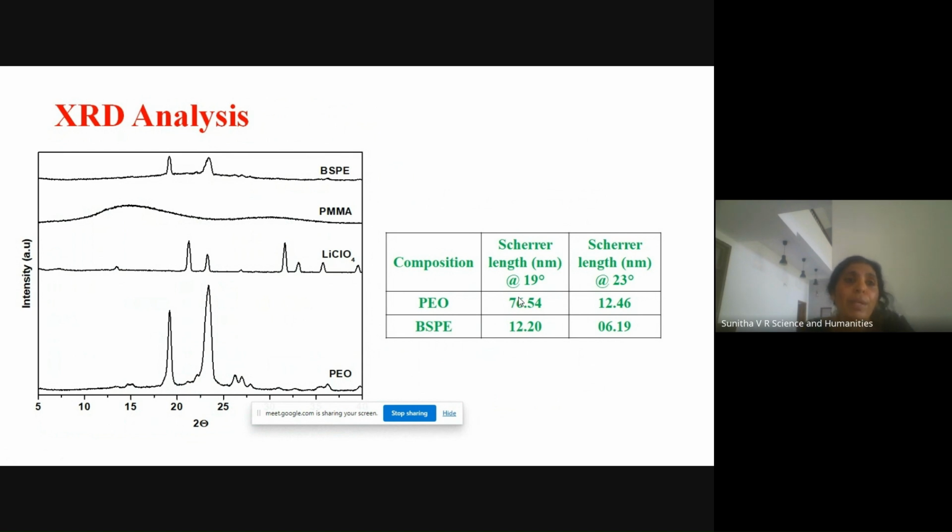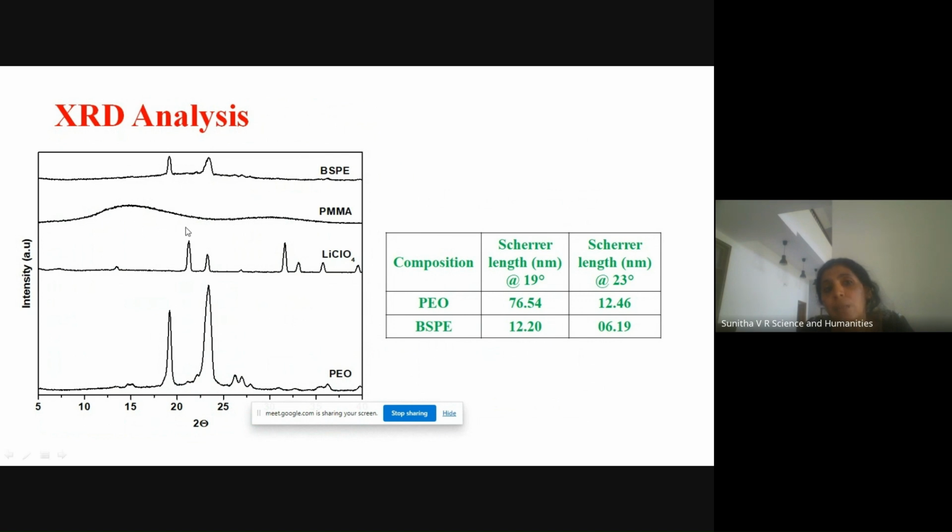So the first thing we have tried to do is to take the XRD of these samples. What you can see is first the pure PEO, then the pure perchlorate salt. We have used PEO because it is easily soluble in this salt. And then we have pure PMMA.